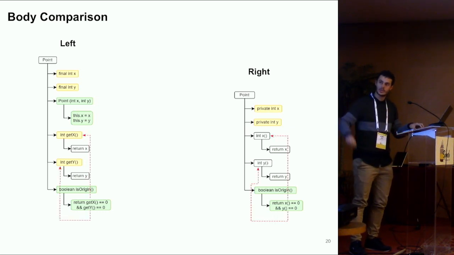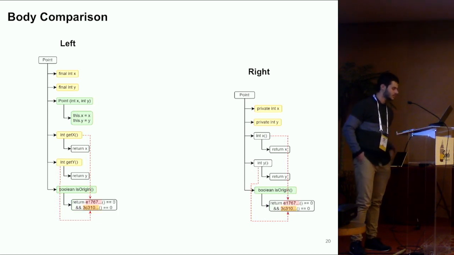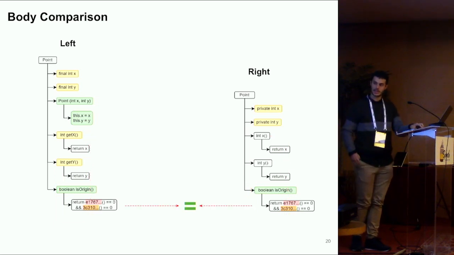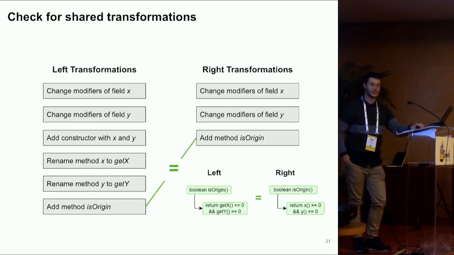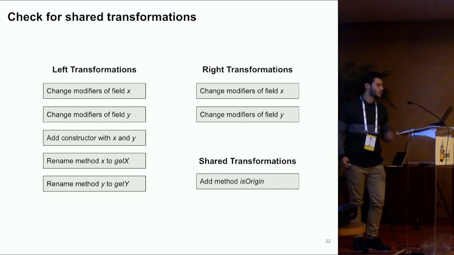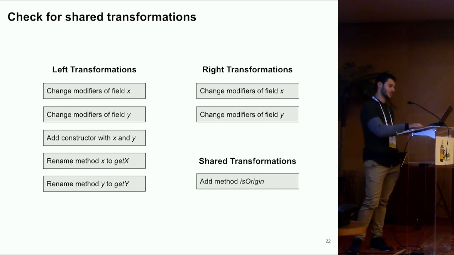After obtaining these UUIDs, we replace the identifiers of the body with them. And as we can see, now they are textually equal, and we consider them to be redundant, and we factor out these two transformations into one new set of transformations, which we call the shared set.